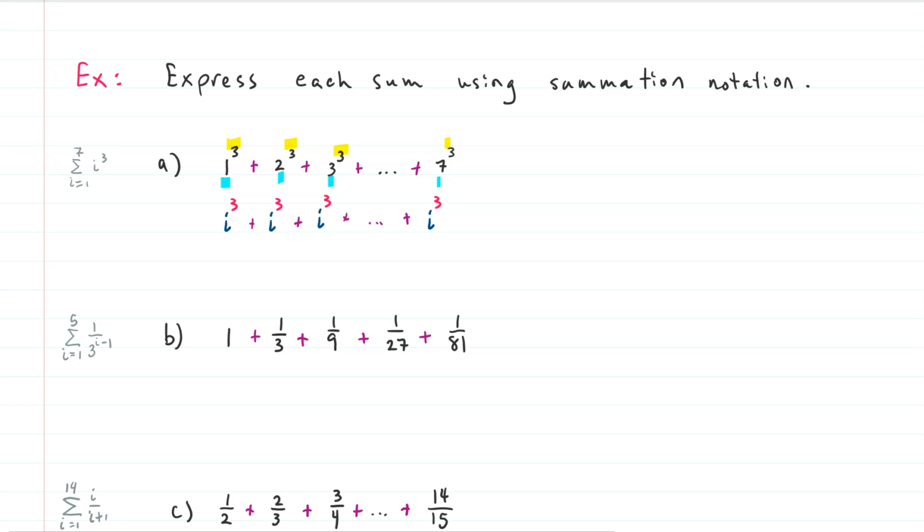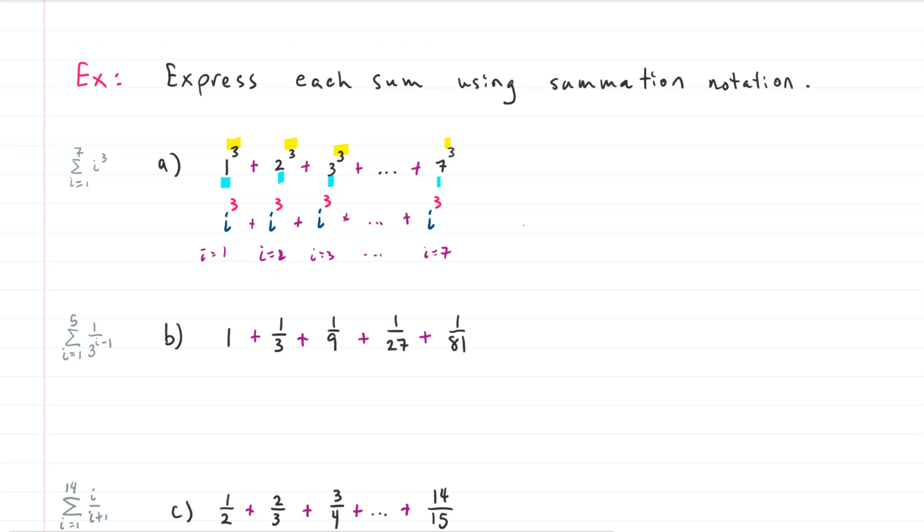We need some notation to cycle through the I 1 through 7. So this is I equals 1. This is I equals 2. This is I equals 3. And up to, this is I equals 7. That would totally work, because the blue I would then just become 1, 2.